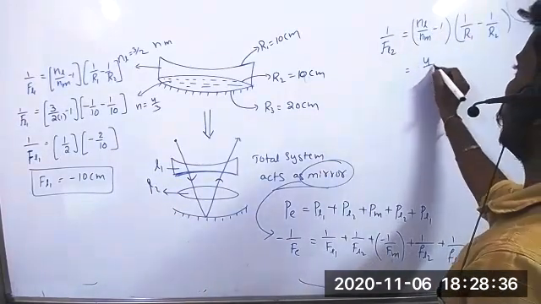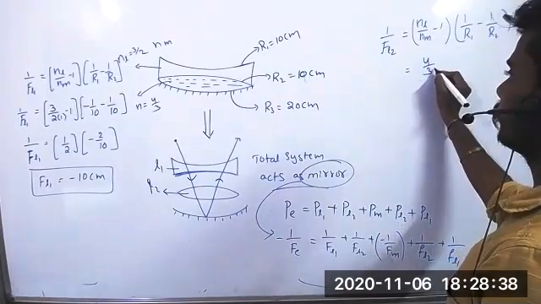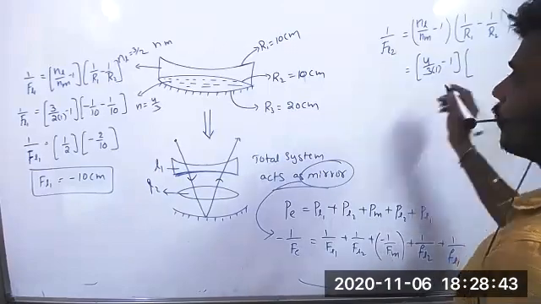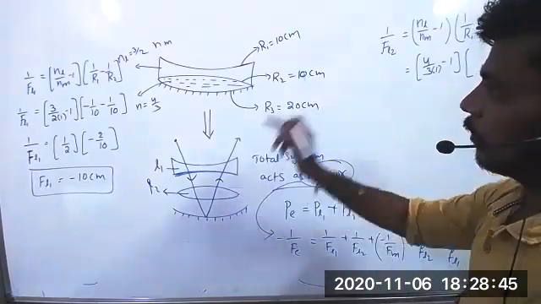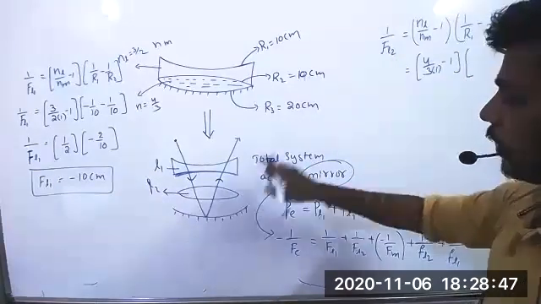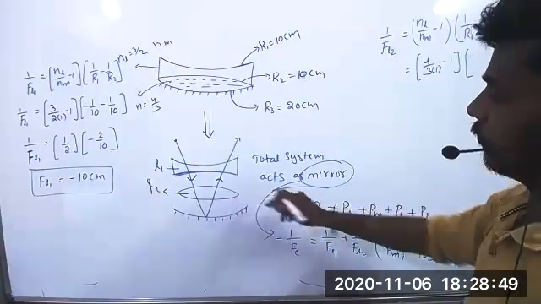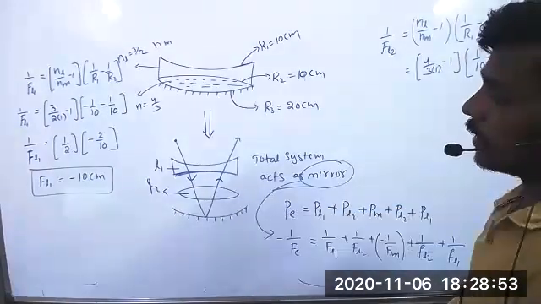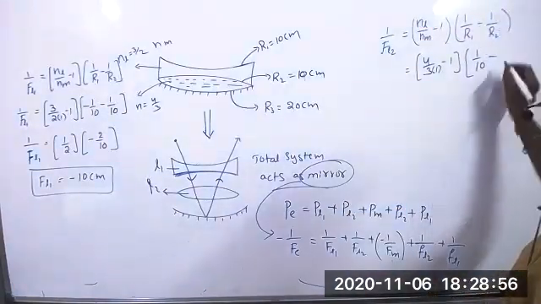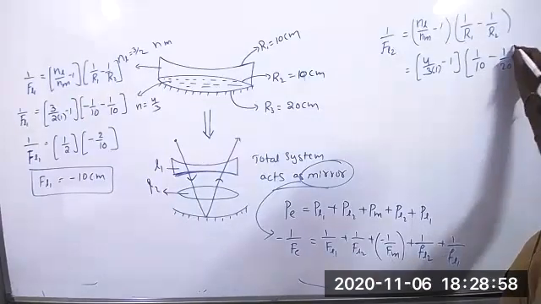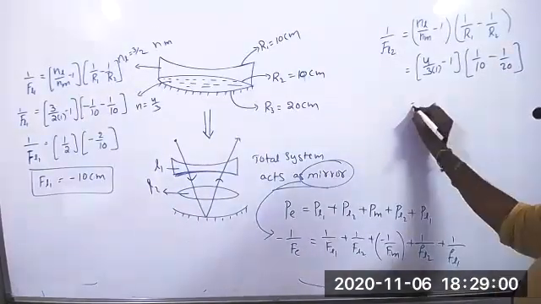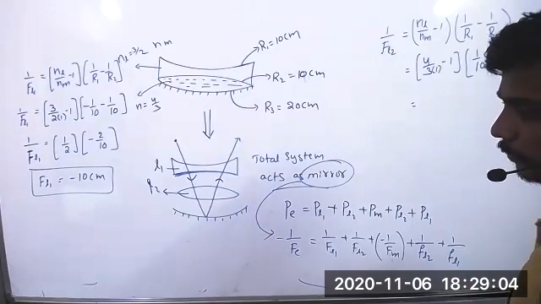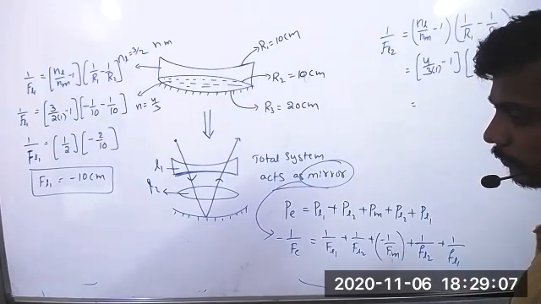Medium how much? 1. 4 by 3 minus 1. 1 by R1 how much? Positive or negative for this? 10 centimeter. So 1 by 10 minus, for this? Minus 20. Sir, minus of minus 20, right? Minus of minus 20. Yeah.